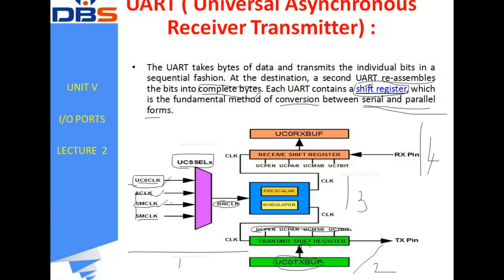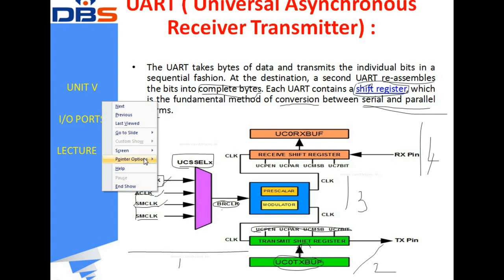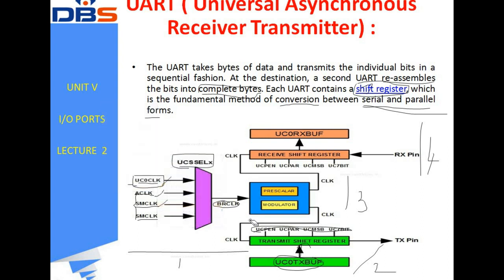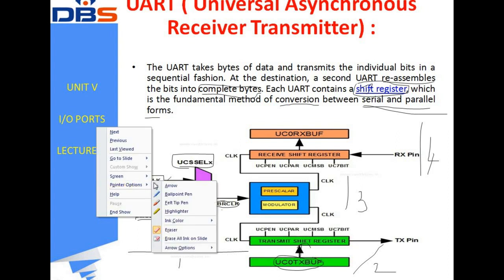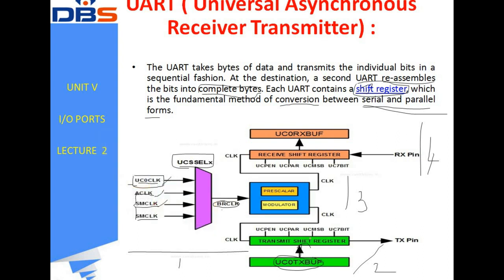It also consists of 4 pins, 4 ports here. This is the UC7BIT. That means in this register we are going to transmit either 7 bits or 8 bits. Generally we are going to transmit 8 bits.